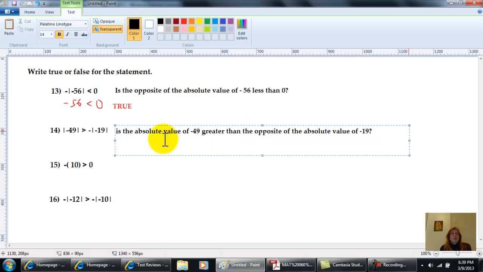That's the question. Is the absolute value of negative 49 greater than the opposite of the absolute value of negative 19?